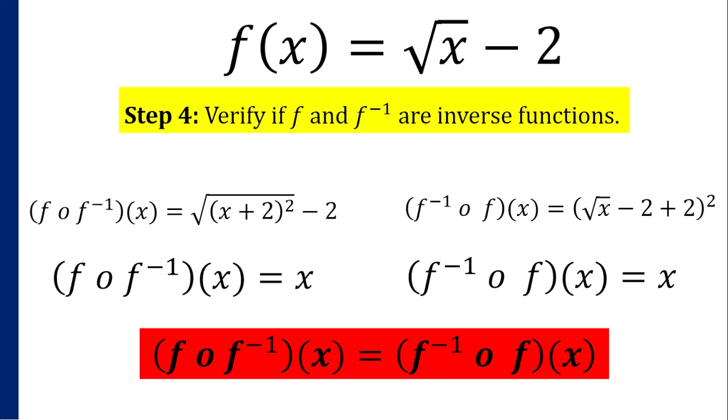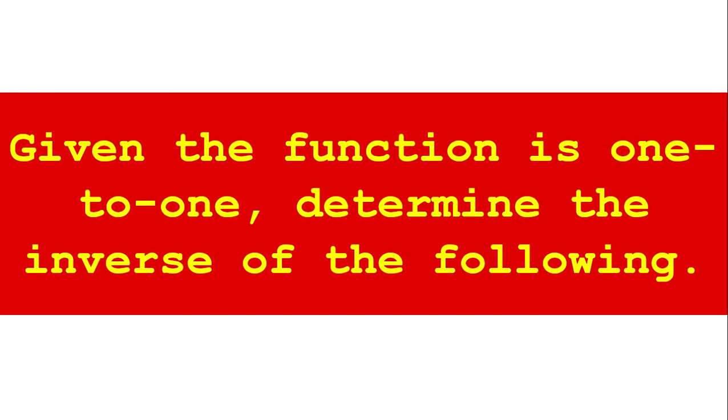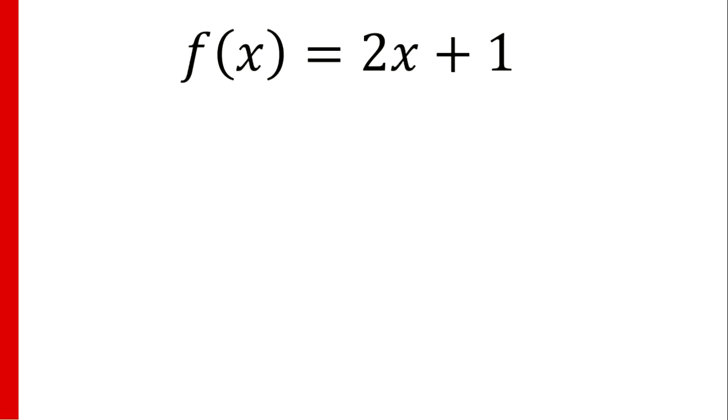Now, what if we knew that the given function is already one-to-one? Let's just proceed to step number 2 and step number 3 only. Given the function 2x plus 1, let's interchange x and y. So that's x is equal to 2y plus 1.